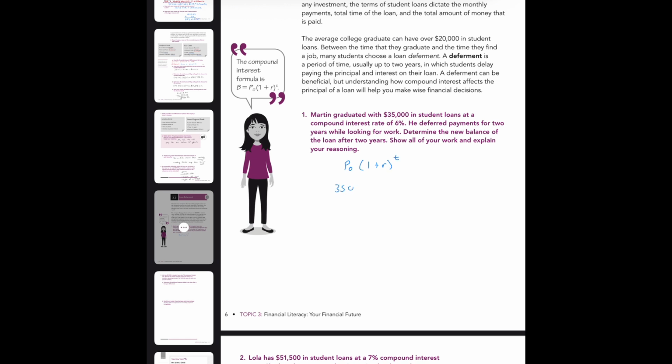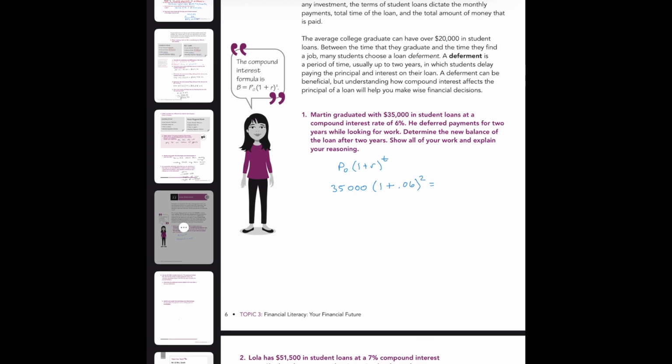Let me rewrite that. P of 0 times 1 plus our rate to an exponent of time. So 35,000 is our principal. 1 plus a rate, 6%, moving our decimal 2 to the left is 0.06, to an exponent of time, which they say we're deferring it for 2 years.